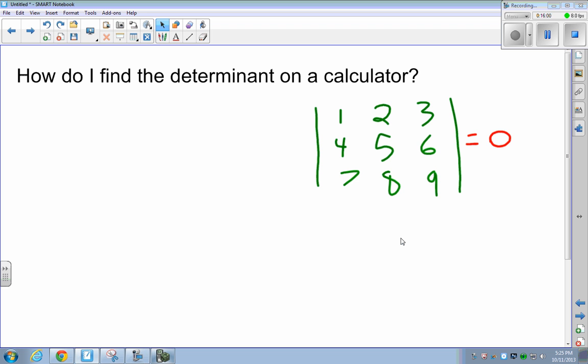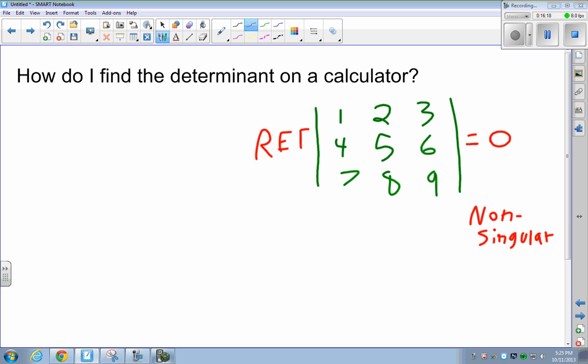Now remember, since it's equal to 0, is it going to be singular or non-singular? The answer is singular. So if we REF'd this matrix, we'd end up getting zeros in our last row. And therefore, we'd have either no solutions or infinite solutions.